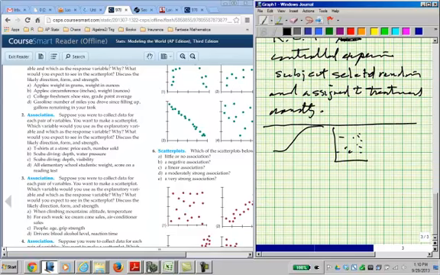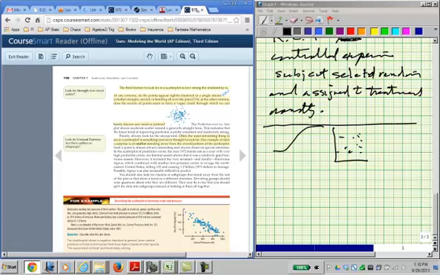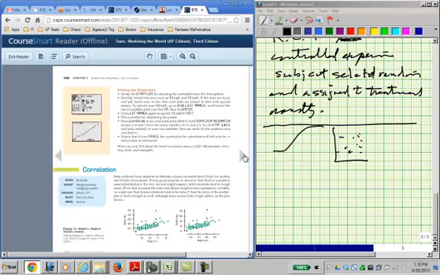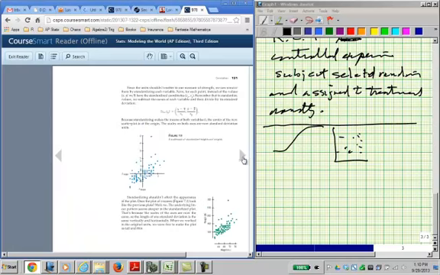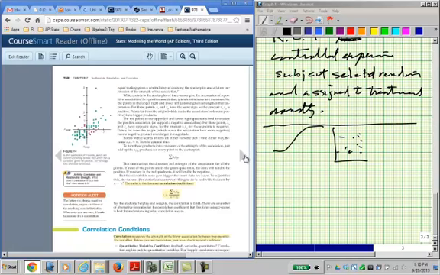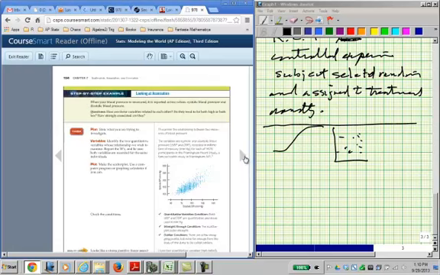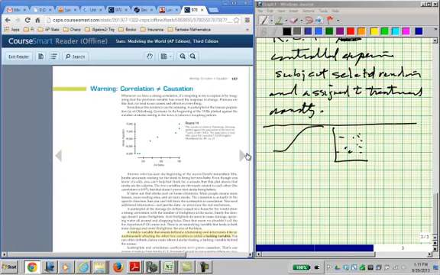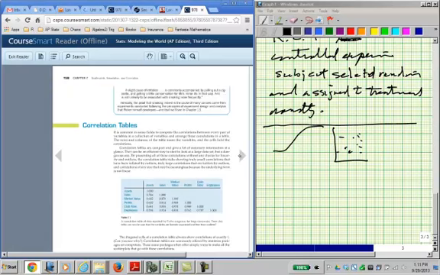Okay. Now let's go back to the book, and let's talk about a couple of ideas here. We talked about correlation, making a scatter plot, the conditions for correlation, looking at association, we've done that. All right. The properties of correlation. Correlation, we talked about that. Correlation tables is kind of an interesting idea.